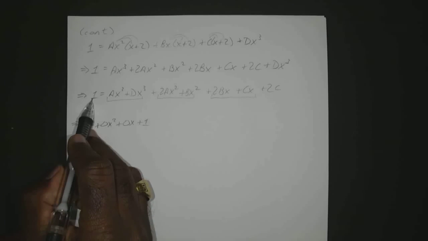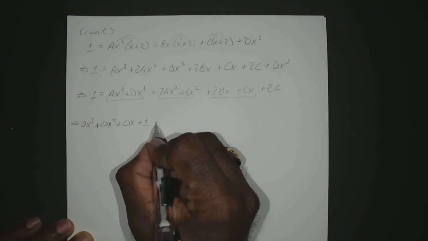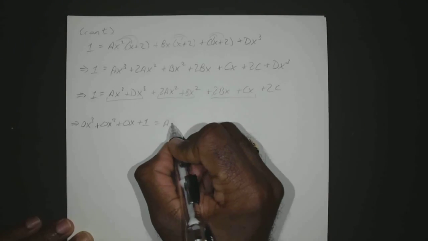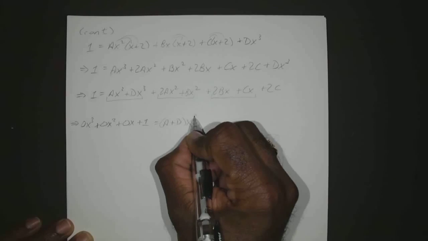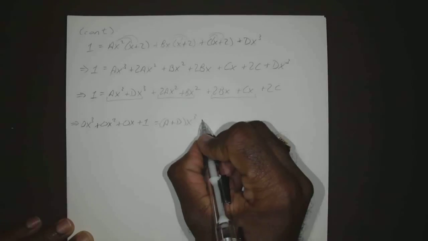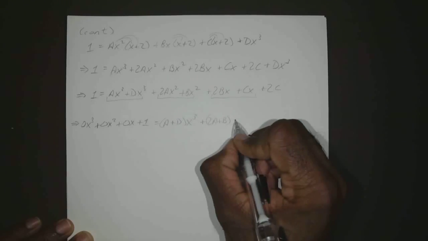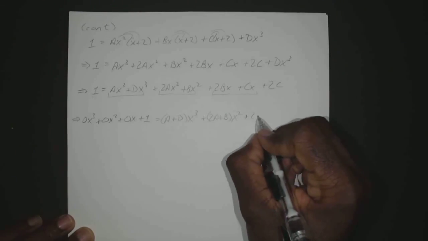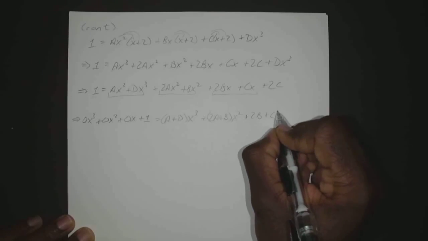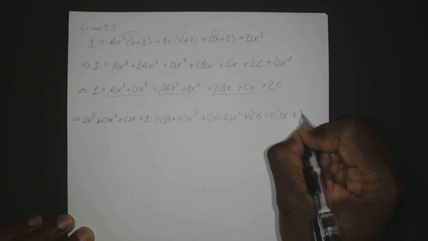All we did was rewrite the left side but put in 0 values. That equals (a plus d) times x to the third plus (2a plus b) times x squared plus (2b plus c) times x plus 2c.